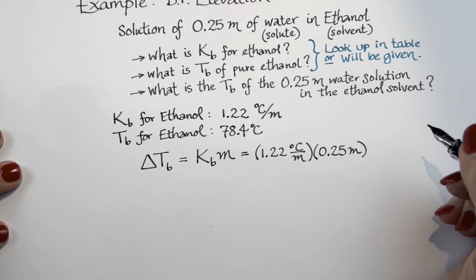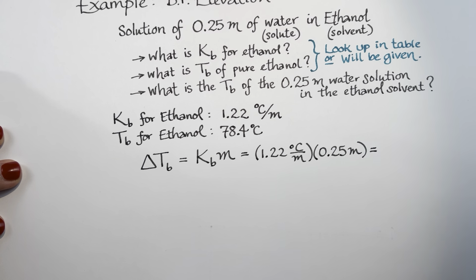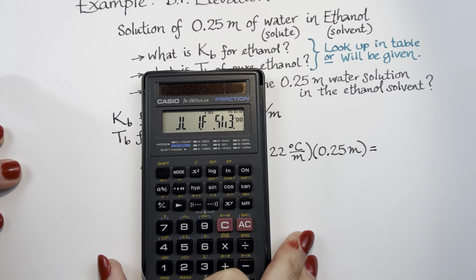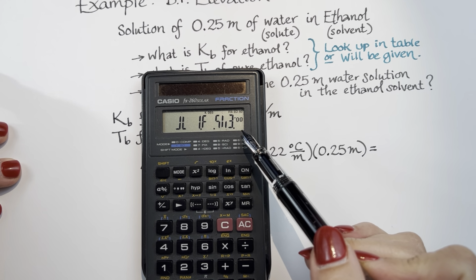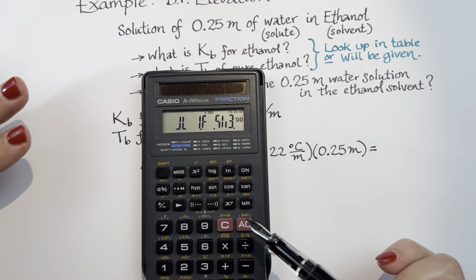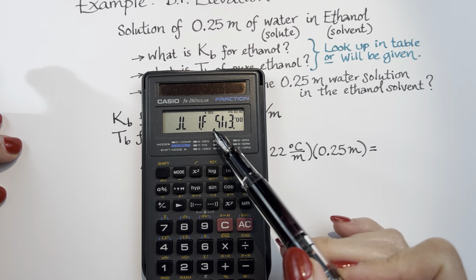Okay, fantastic. So here is the change in temperature. Let's grab the calculator. Oh goodness, I love this. I do this every time. I always want to show you. I don't want to clear it out before the video begins because this is so amazing.